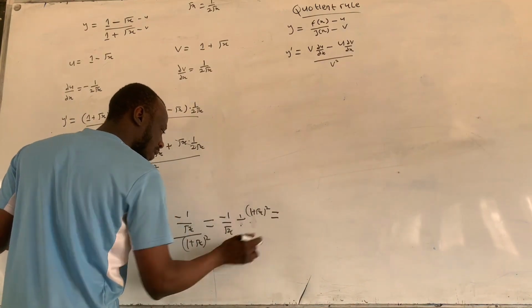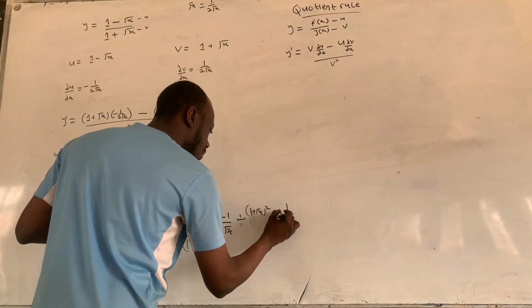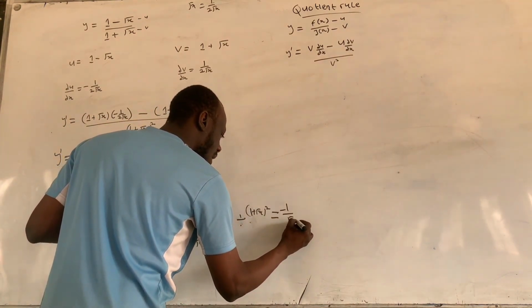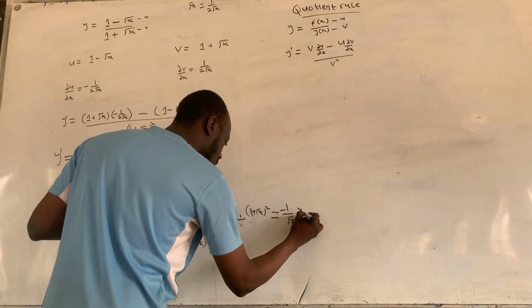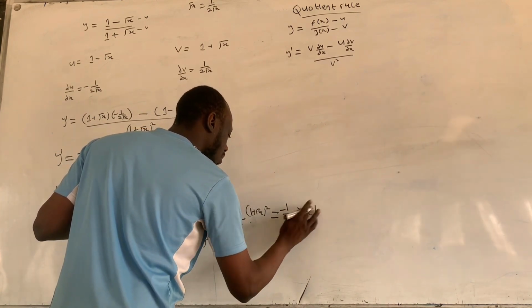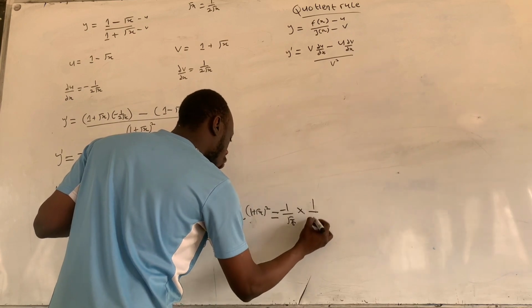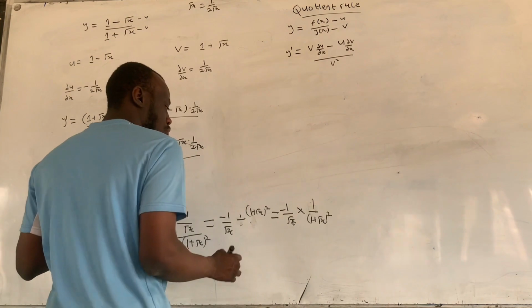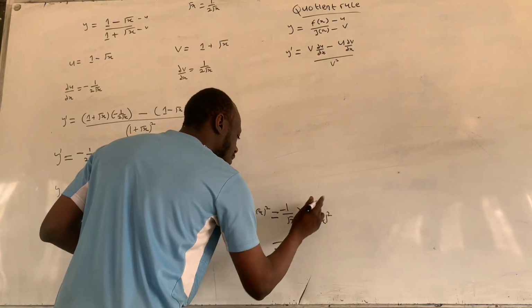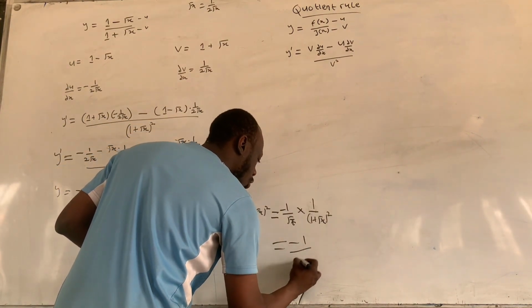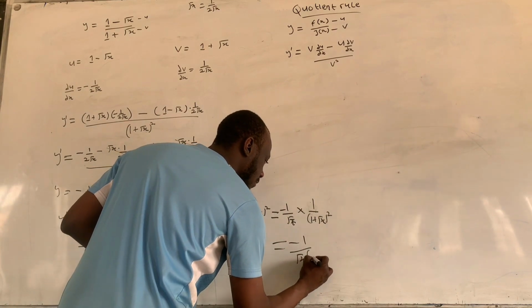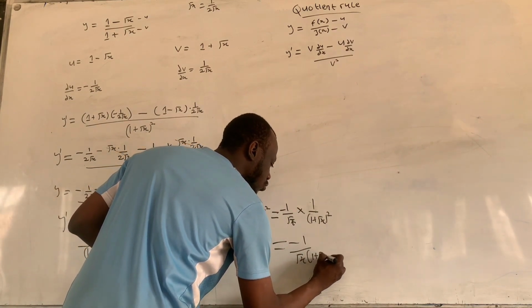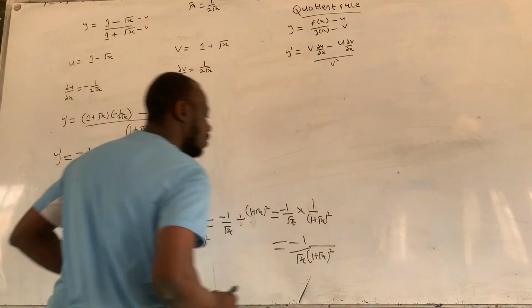It can become minus 1 over root x times 1 all over 1 plus root x squared. So this will become minus 1 all over root x times 1 plus root x squared. It's all the same.